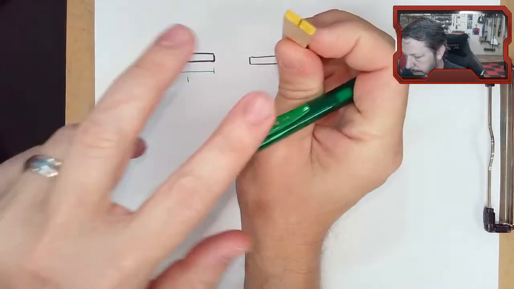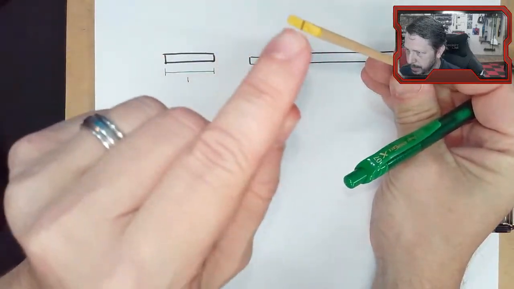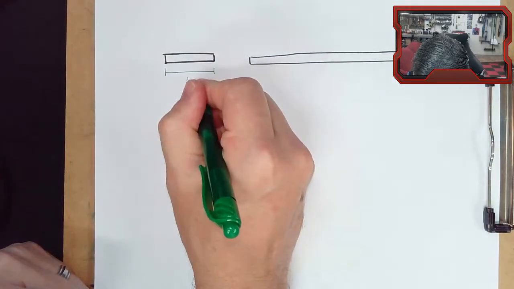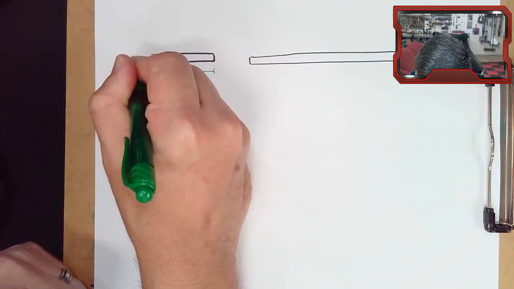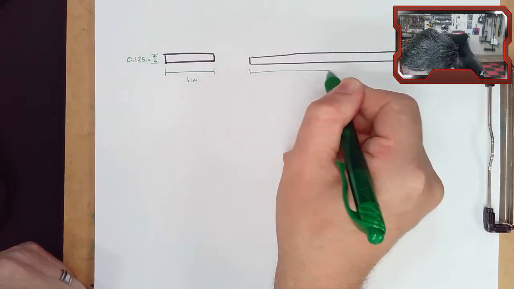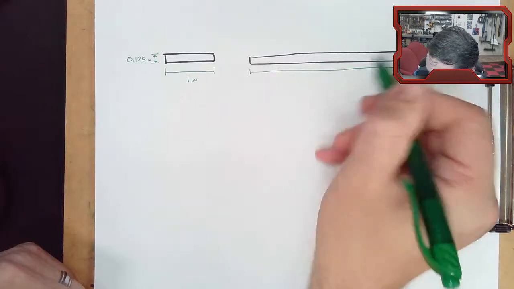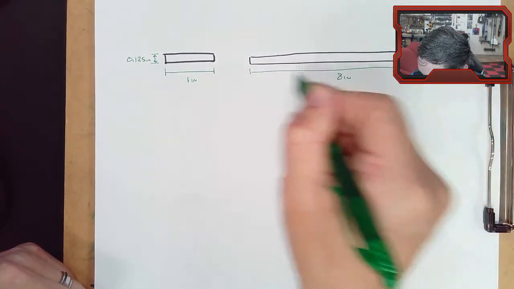So that would be like, well, if I lay it down flat, the 1-inch would be this direction, by 1/8 of an inch thick, and 8 inches long. So this would be our little sample.